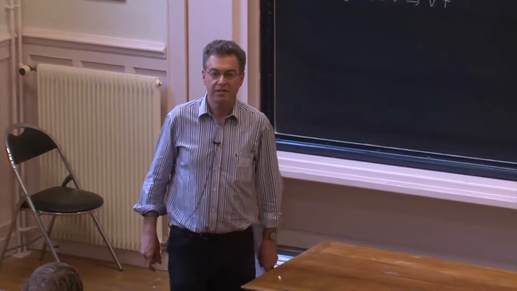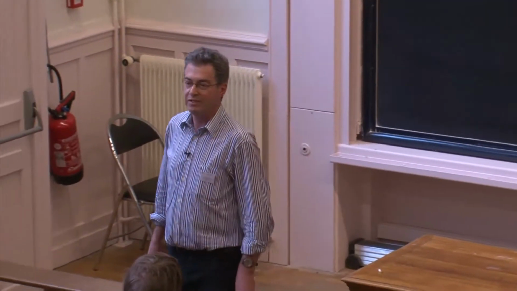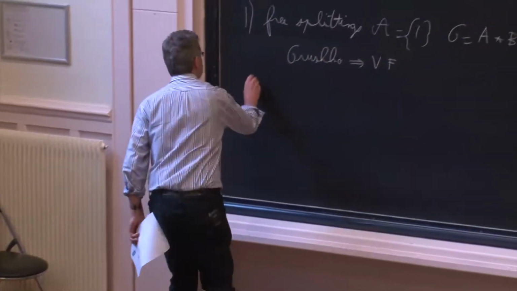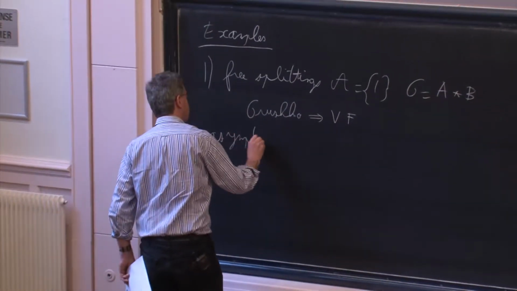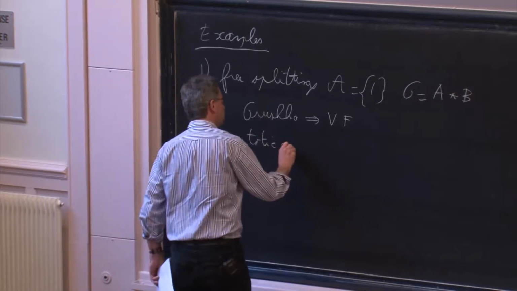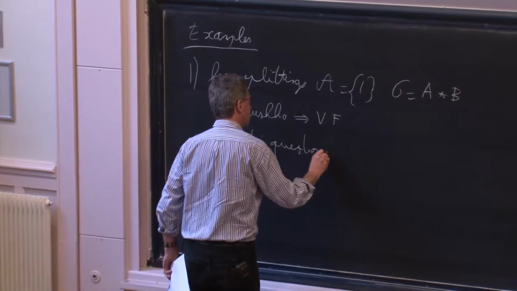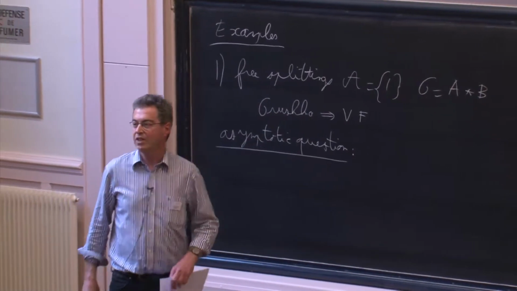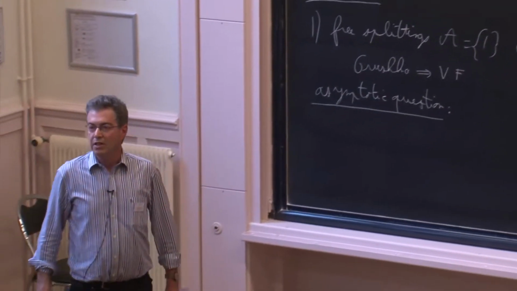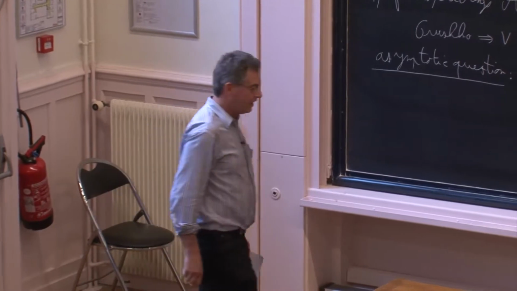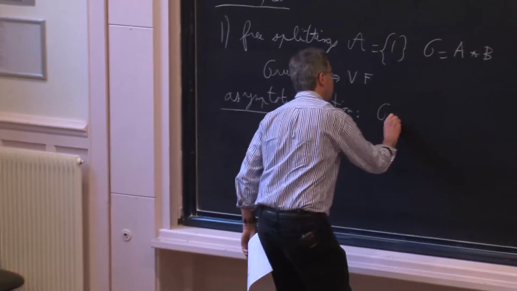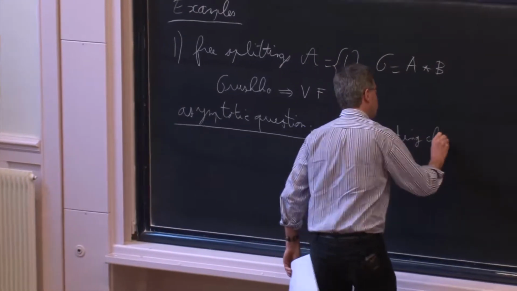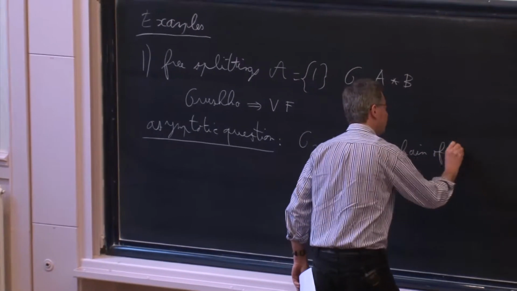And since this is a conference about asymptotic properties of groups, let me ask an asymptotic question. So take a group and take a descending chain of finite index subgroups, the Gn.